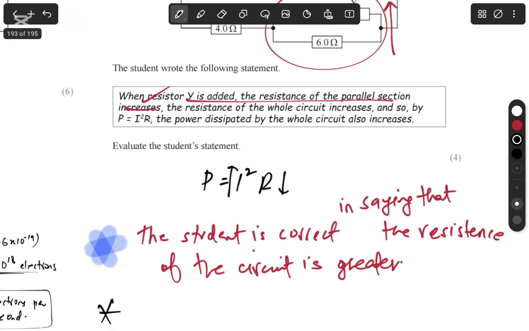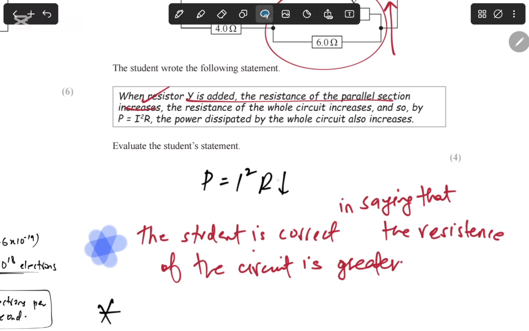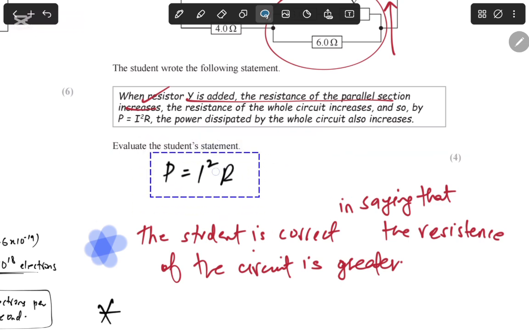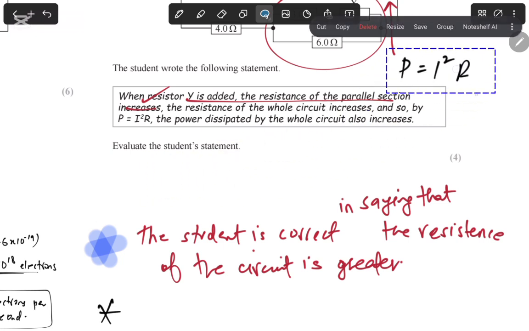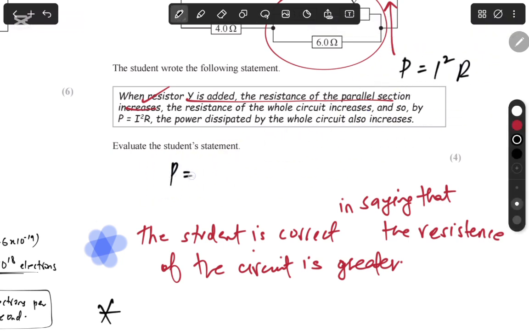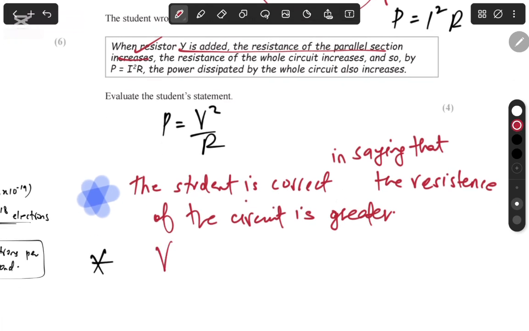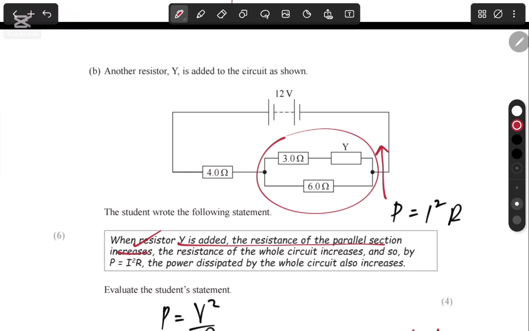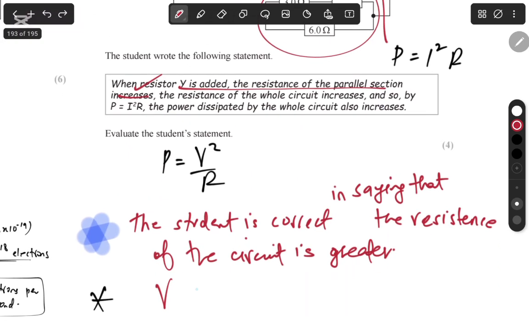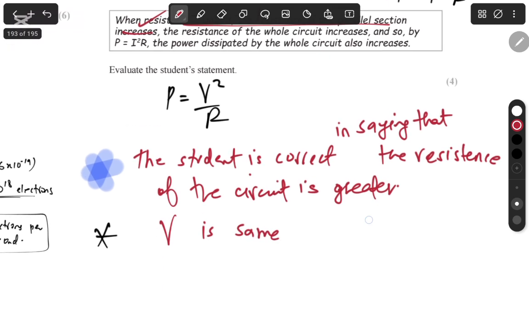I'll explain how we use this equation as well, but it's better that you use P equals V squared over R. Here the voltage is constant. The overall voltage is going to remain 12 volts because that's the voltage of the battery. When I'm talking about V here, I'm talking about the EMF, the overall voltage. So V is the same, and this is the total resistance.